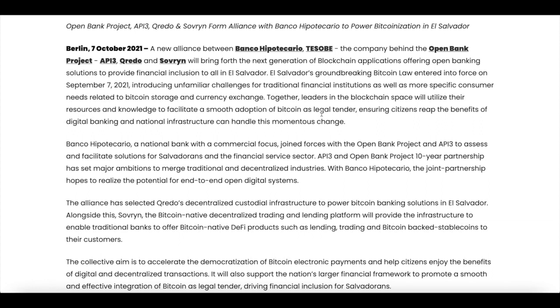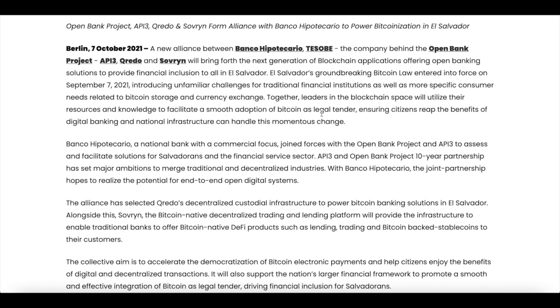AP13, Oradór and Sovryn will bring forth the next generation of blockchain applications, offering open banking solutions to provide financial inclusion to all of El Salvador. El Salvador's groundbreaking Bitcoin law entered into force on September the 7th, 2021, introducing unprecedented challenges for traditional financial institutions, as well as more specific customer needs related to Bitcoin storage and currency exchange.